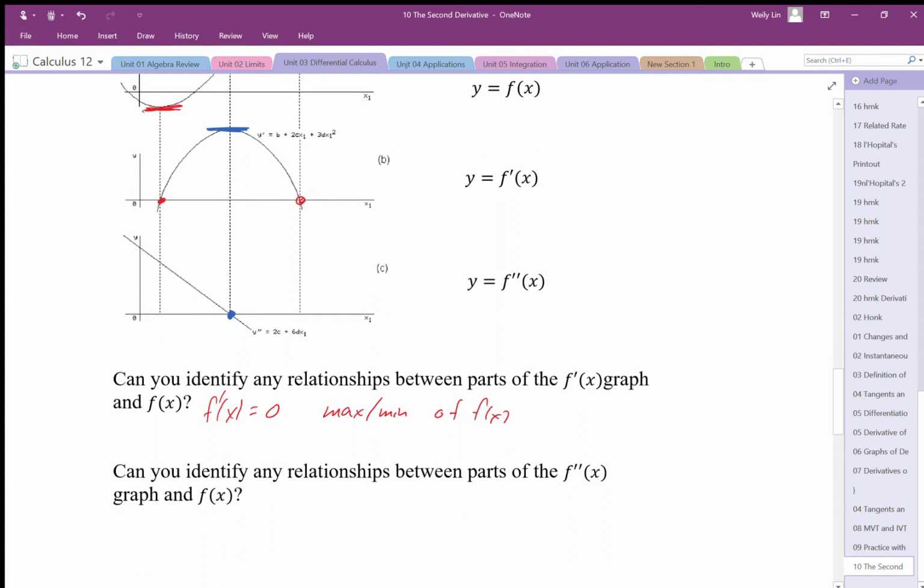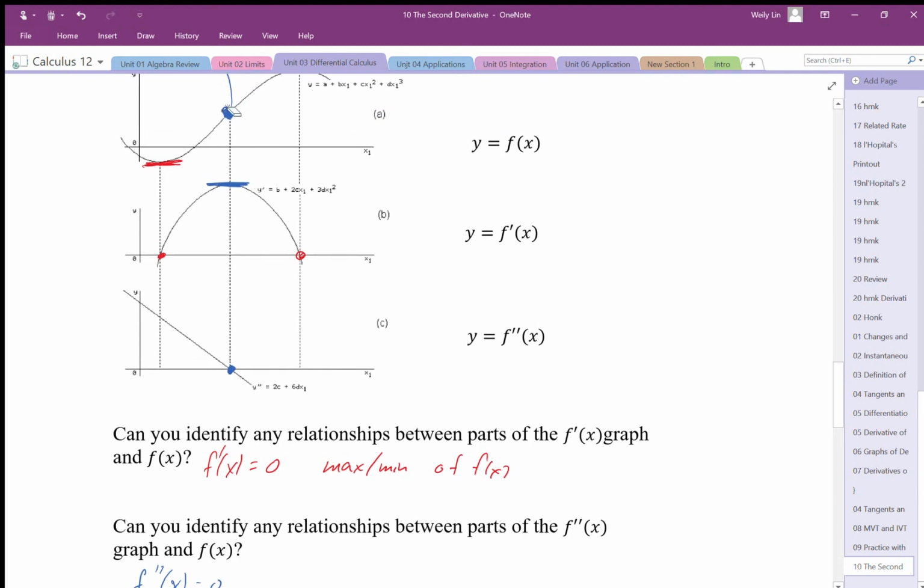Okay, so when we talk about the parts of the second derivative, where the second derivative equals 0, we're actually talking about this.